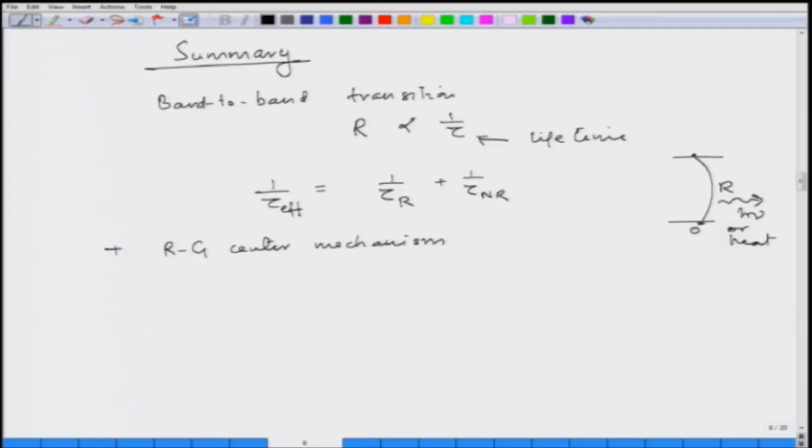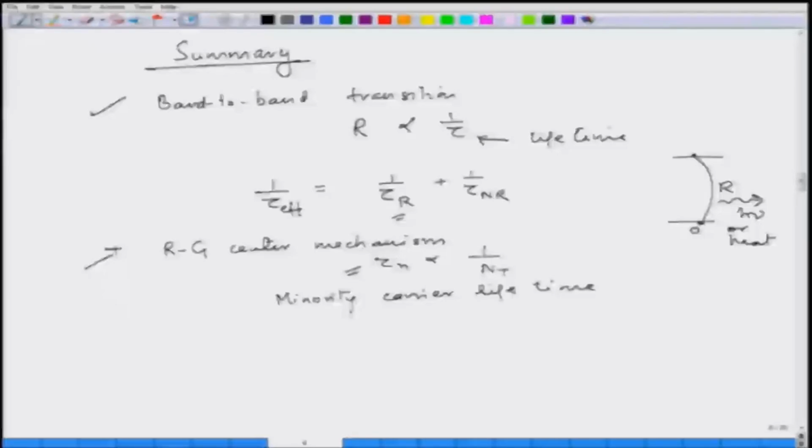So, the thermal RG center mechanisms can affect at a given point what your minority carrier lifetime is going to be. It is inversely proportional to N t. So, tau n or tau p is proportional to 1 over N t, and there is a lifetime associated with it, which is different. This is the minority carrier lifetime. Minority carrier lifetime is related to the RG center mechanism, and this should not be confused with the radiative lifetime which we discussed earlier.